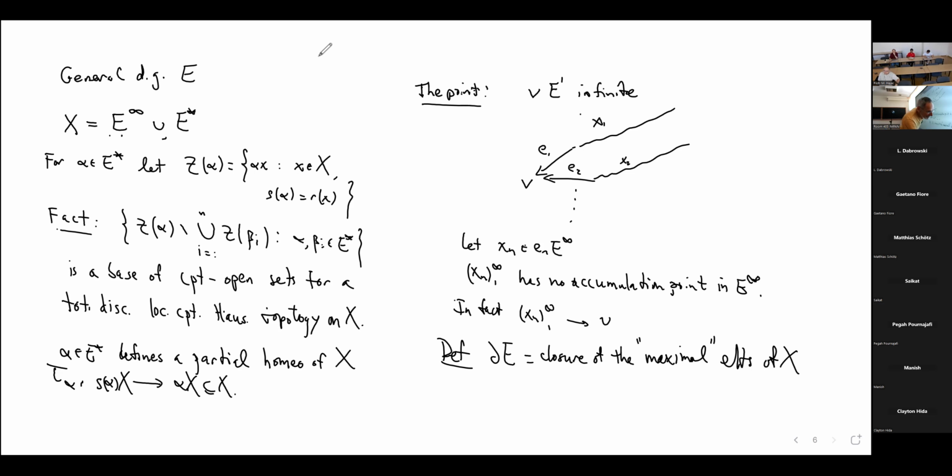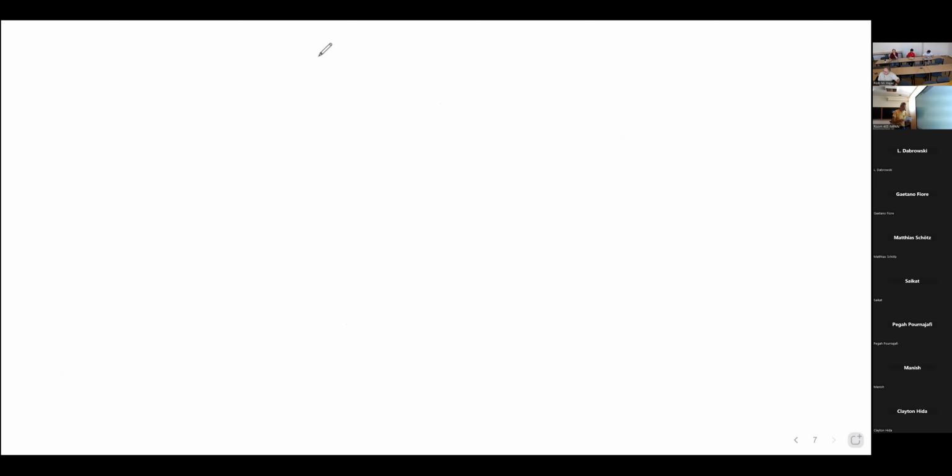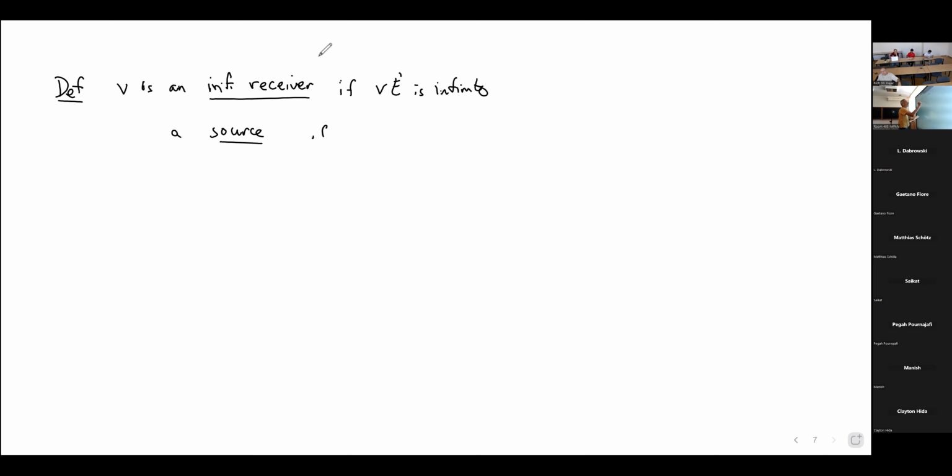So we give these definitions. V is, and I'll just say, an infinite receiver if vE^1 is infinite. V is a source if vE^1 is empty.